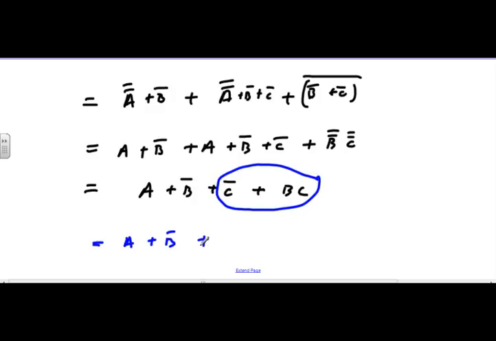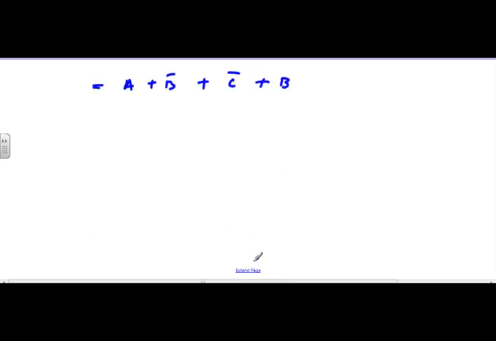Or C naught or B. Okay, now I got A or B or B naught or C naught.